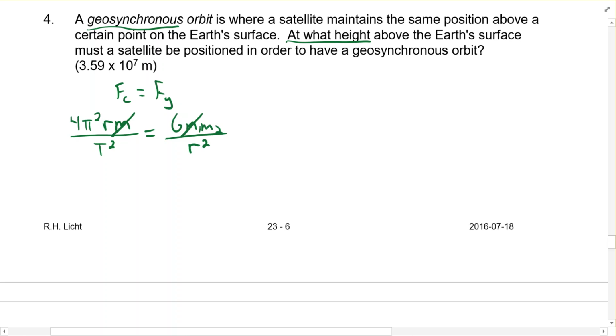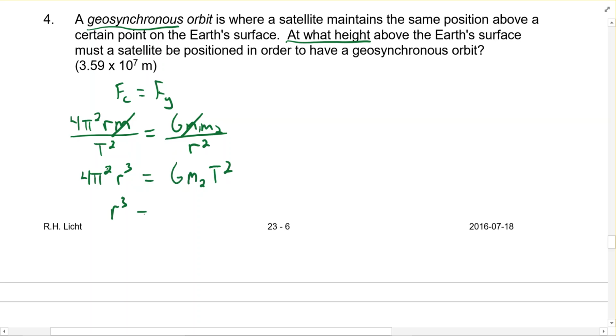The little mass is what we're canceling. Let's bring r up to the left side, T up to the other. So we'd have 4 pi squared r cubed is equal to big G times the mass of the Earth, in this case m2, times T squared.